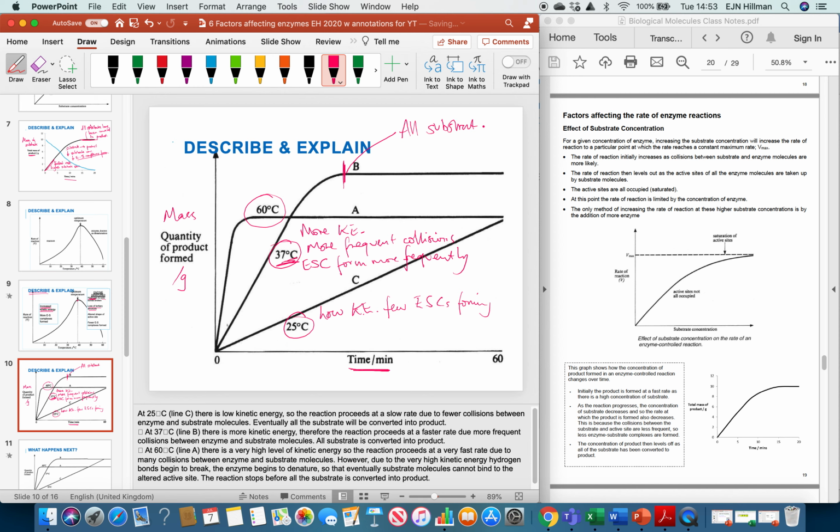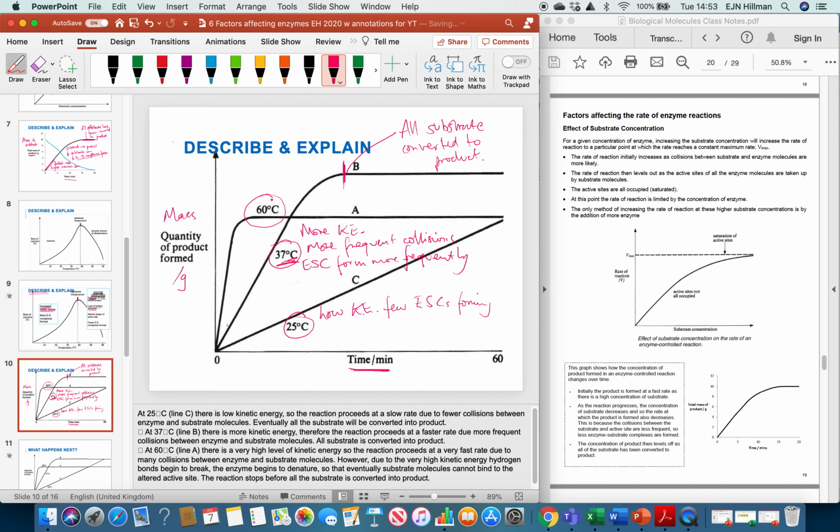The substrate concentration at this point is 0, so there can be no more enzyme substrate complexes forming.